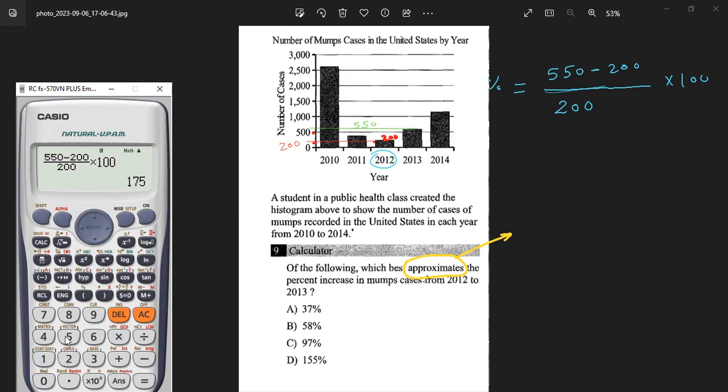That's all. You see, even if not accurate, the nearest one is this one. Maybe to make it very close, this one looks like 530, maybe 530.